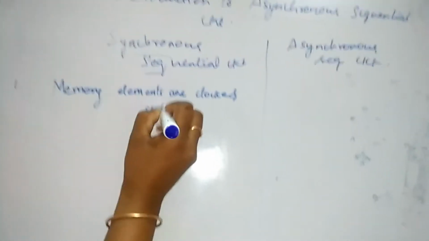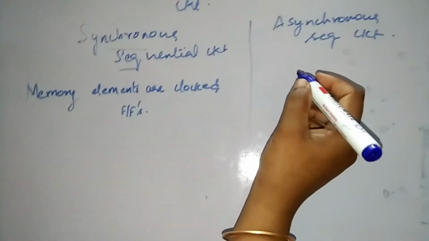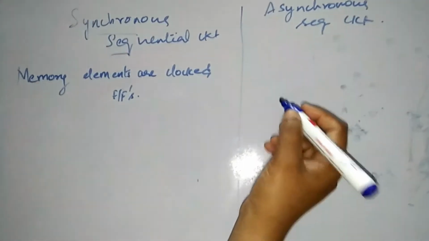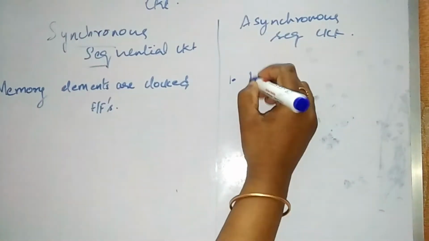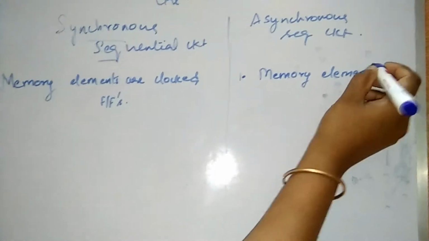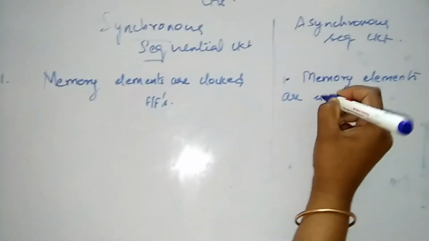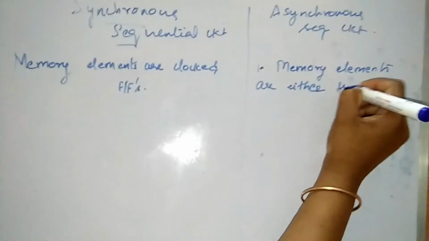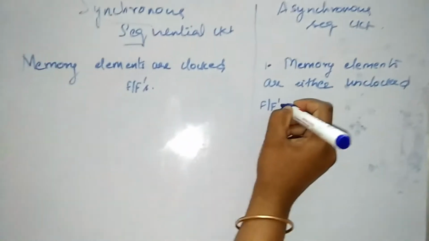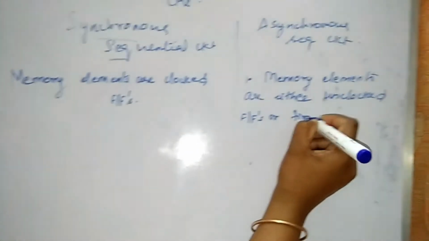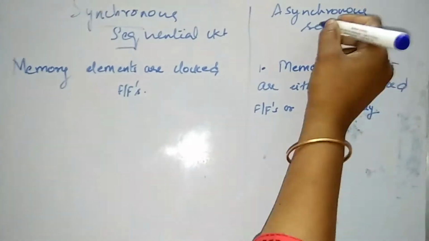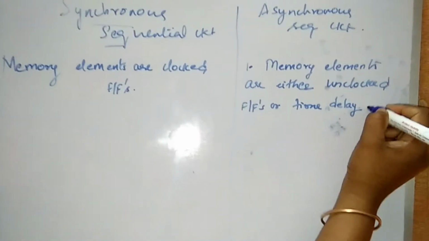In case of asynchronous, the memory elements are either unclocked flip-flops or time delay elements. It's very important over here. The memory elements are either unclocked flip-flops or time delay elements, and this is what will differentiate the types of asynchronous sequential circuit.